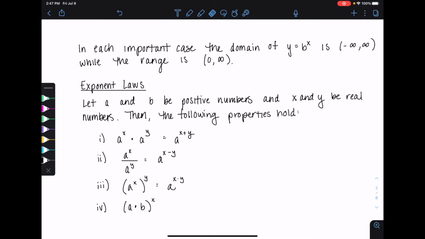And if you have two different values raised to a power, as long as they're being multiplied, you can distribute that to a to the x times b to the x. You want to be careful: if that was addition in the middle, you cannot distribute it down. It only works if it's multiplication or division on the inside.